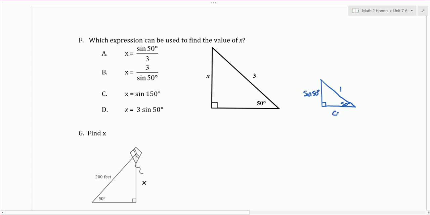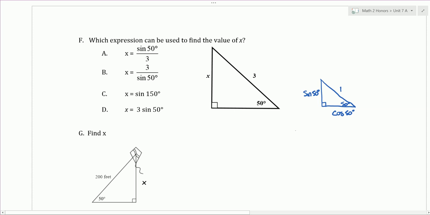This side's going to be the cosine of 50 degrees. Now, if I look at all my answer choices, they all include sine. So when I create my ratios, I'm going to use the ratio sine of 50 and 1, and I'm going to use x and 3 as well.